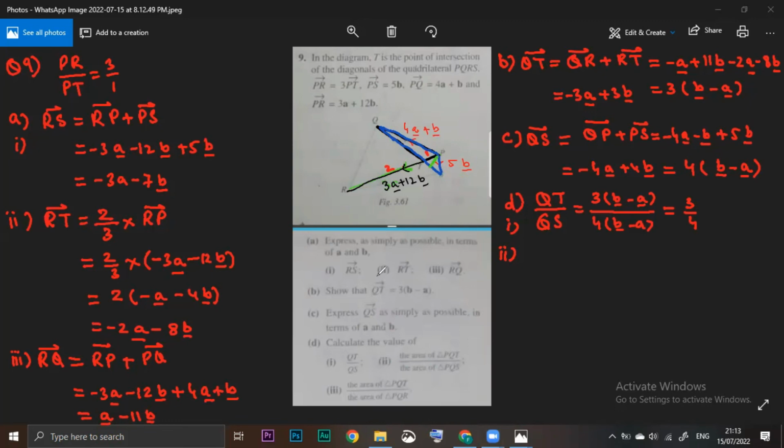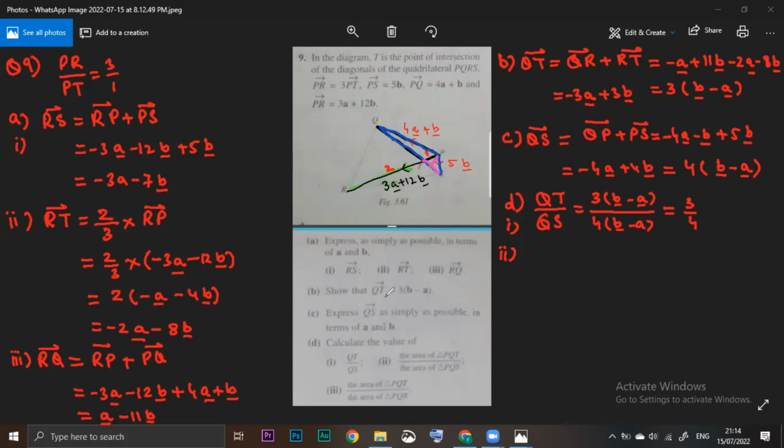And in the triangle PQT, when we consider QT as the base, we will have to extend this QT and draw the perpendicular from P to the extended base. This one is the height of the triangle.